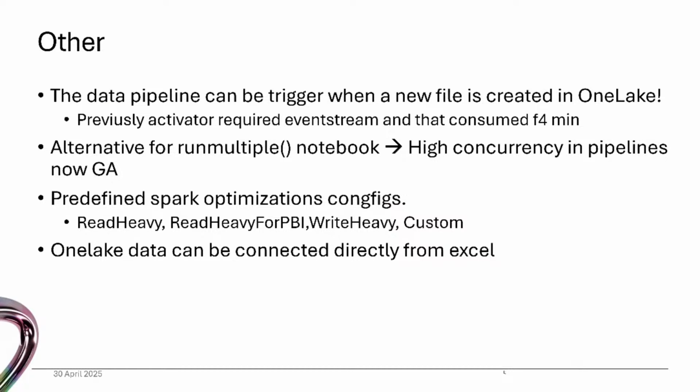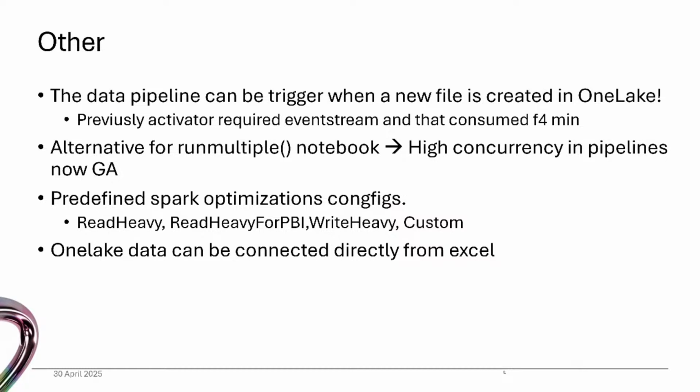And then they also gave out these predefined Spark optimization configurations. That's a long word, but if someone has ever looked into Spark, there are maybe 200 settings that you can tweak around to find that optimum for you.